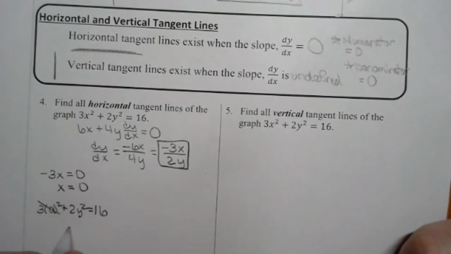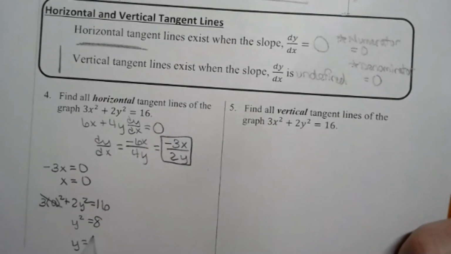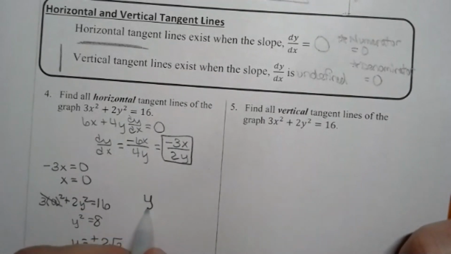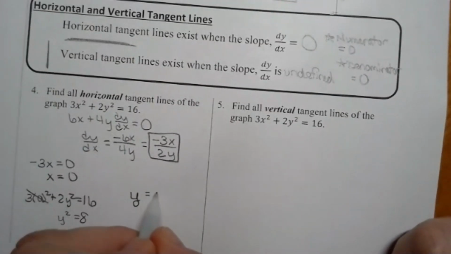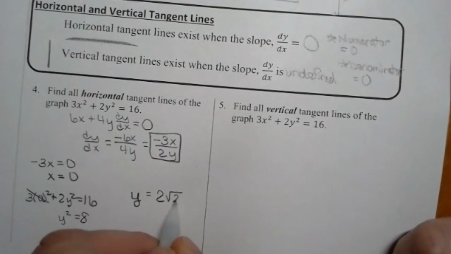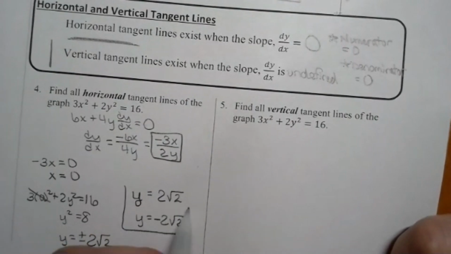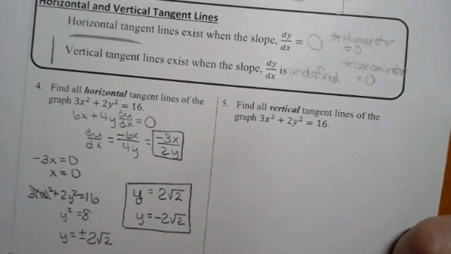That's gone. y squared equals 8. So y equals plus or minus 2 root 2. So my horizontal tangent lines are y equals 2 root 2 and y equals negative 2 root 2. Remember, they're horizontal. Horizontal tangent lines are y equals.